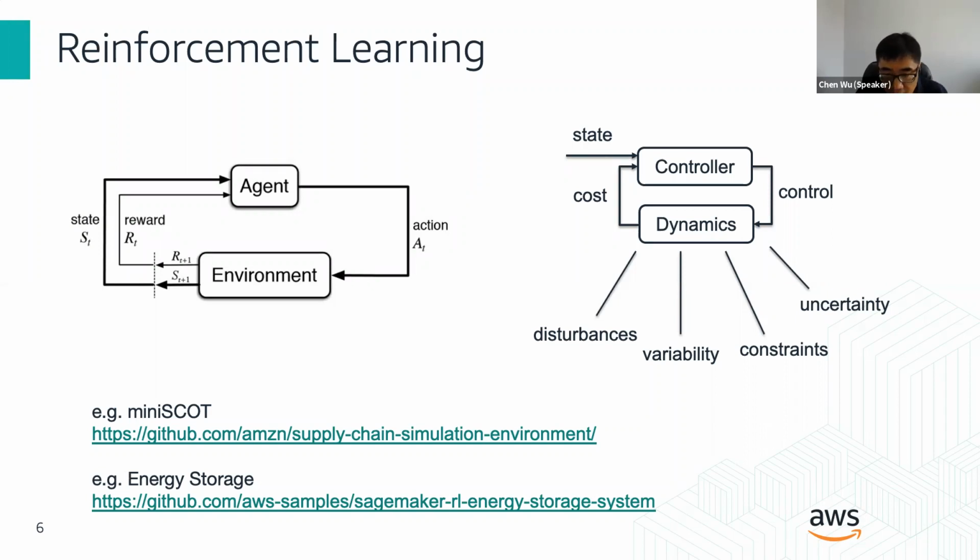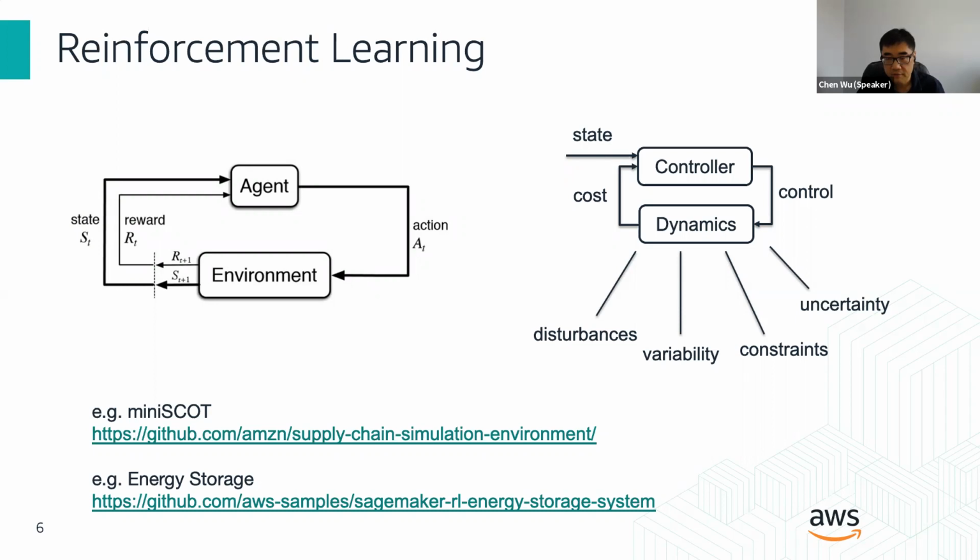But in reality, the environment can be quite hard to model. The system dynamics in your environment often have lots of noise, disturbances, and variabilities. Some say that you don't have predictability until you understand the variability of your system. There are also a lot of constraints and uncertainties. All this makes the environment hard to model and predict.